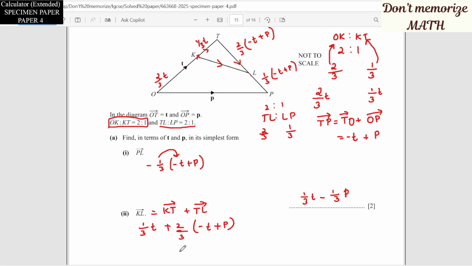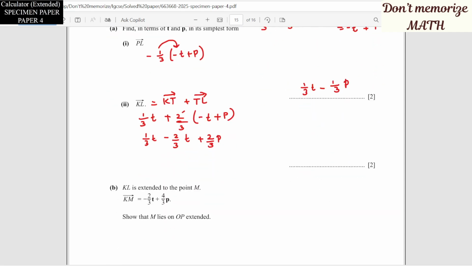So I will just open the bracket, so it will be easy. So 1 over 3T plus 2 over 3 times minus T, so you will get minus 2 over 3T. Then we'll multiply this one to P, so we'll get plus 2 over 3P. Okay. Now let's see if we can simplify it or not. You can see we have two t terms, right? 1 over 3t and minus 2 over 3t.